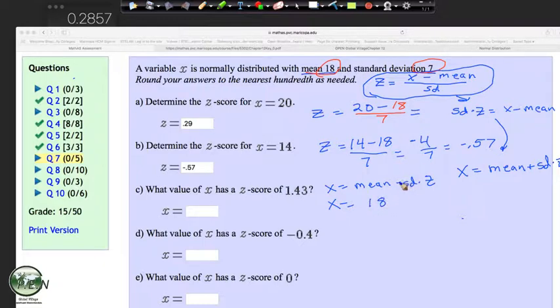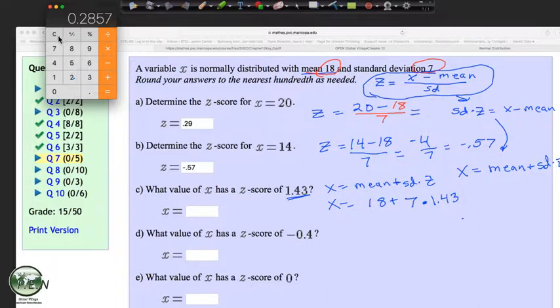Sorry, that's not supposed to be minus, it's supposed to be a plus. Plus the standard deviation, which is 7, multiplied by the z-score that they give us, 1.43. And just do order of operations. We multiply first, and then we add. So 7 times 1.43. Come up here, get my calculator, let's clear it off.